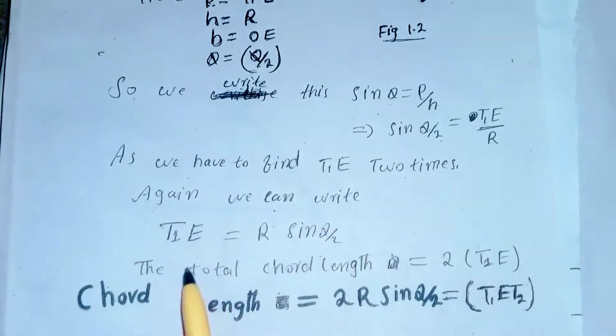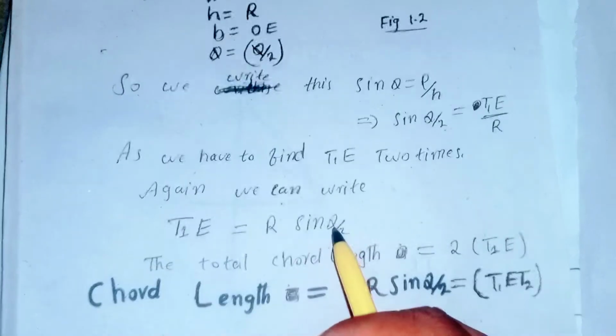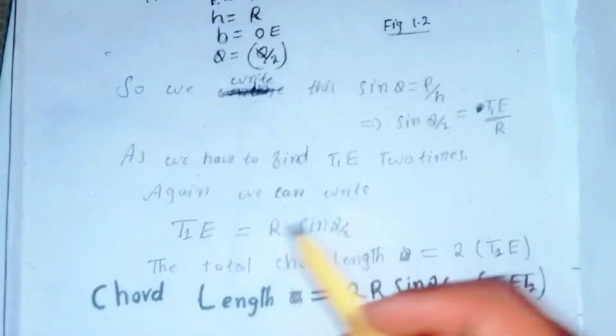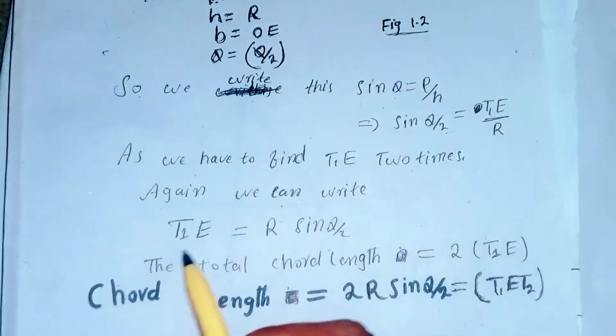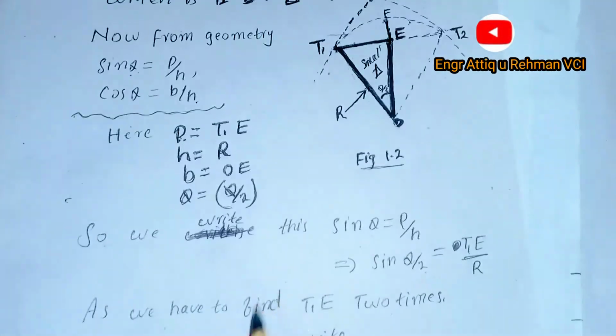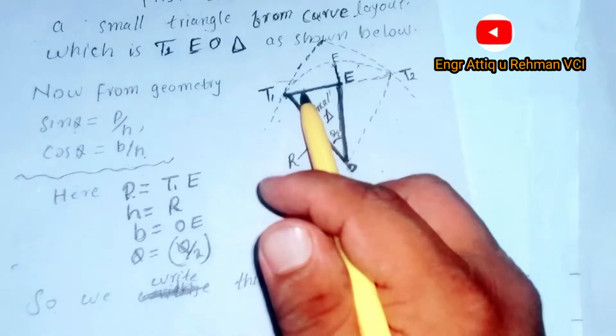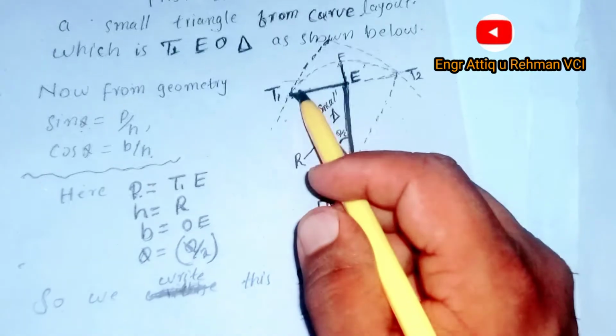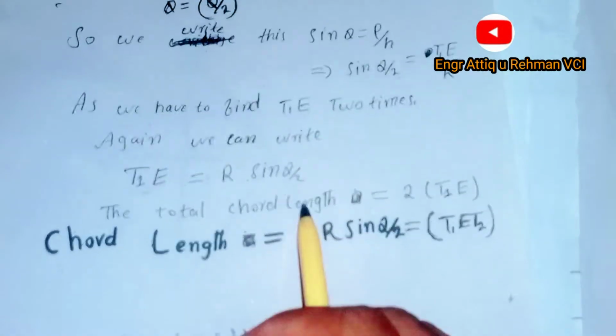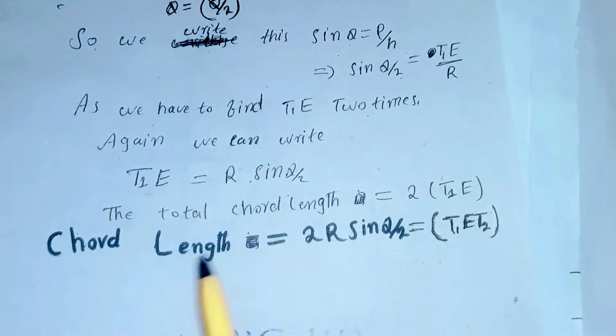Now again, T1E is equal to r sin theta divided by 2, because we got this T1E from the relation for the perpendicular of the triangle. The total chord length is equal to 2 times this, because this is half of the total chord length. The total chord length is equal to 2 into T1E.